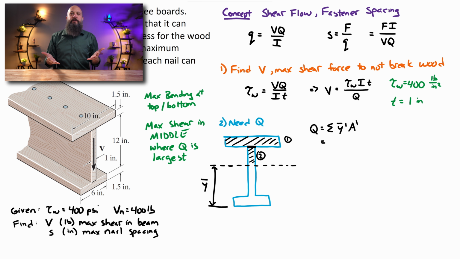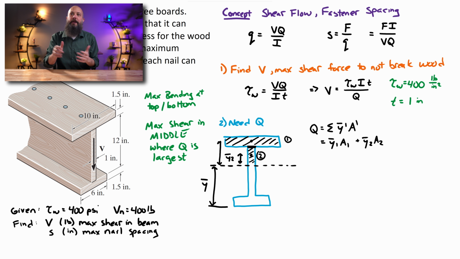All right, so the dreaded Q. Q is a sum of y bar prime, A prime. So y bar prime means a centroid of a piece, and A prime means an area. So you're finding a location times an area and adding those together. So this is going to have units like meters cubed or inches cubed, right?